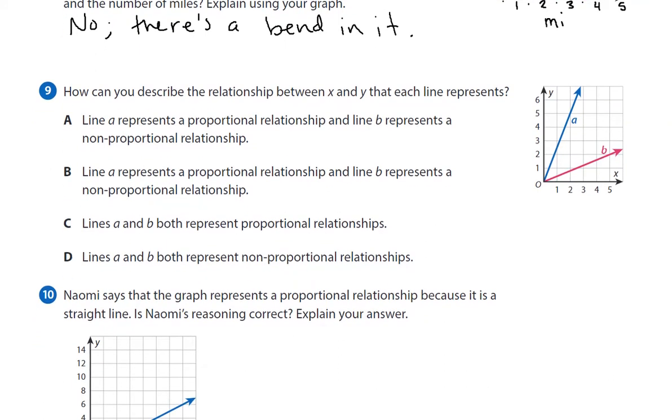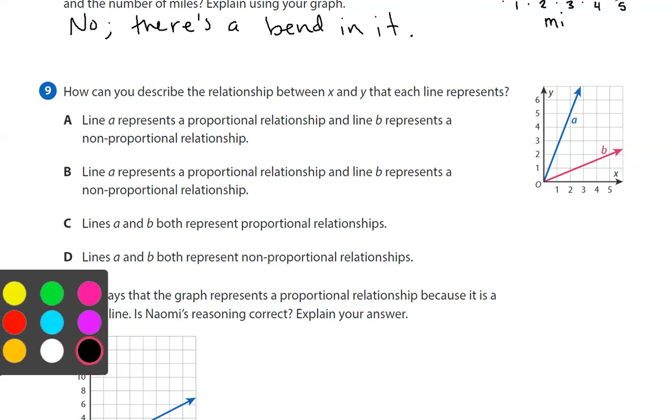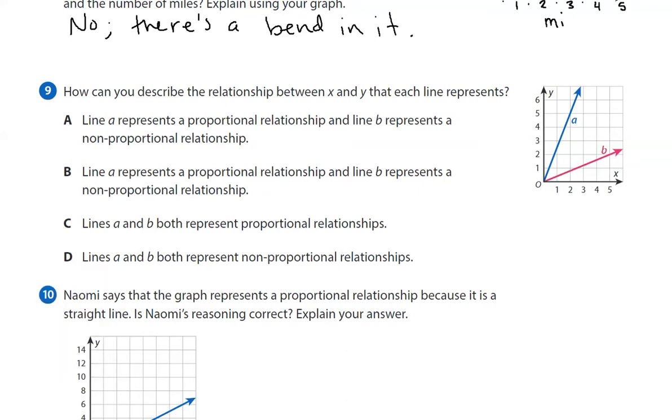Number 9, how can you describe the relationship between x and y that each line represents? Okay, let's look at each of these. Line A represents a proportional relationship and line B represents a non-proportional. Well, okay, let's see. Are they proportional or not, for heaven's sakes? They both start at the origin. They are both straight. So, no, B is proportional.